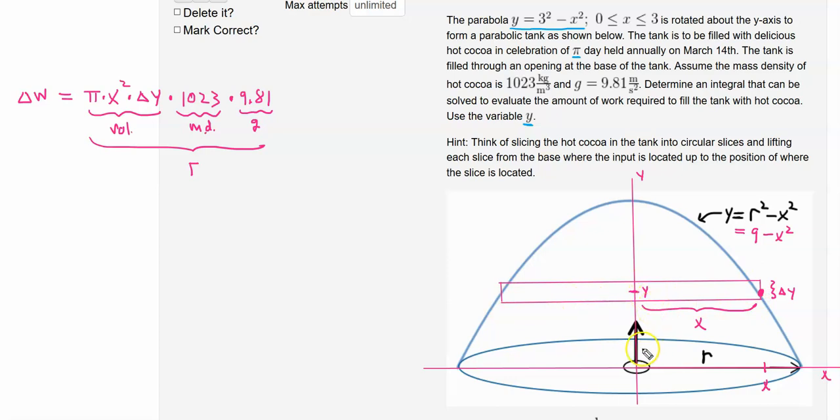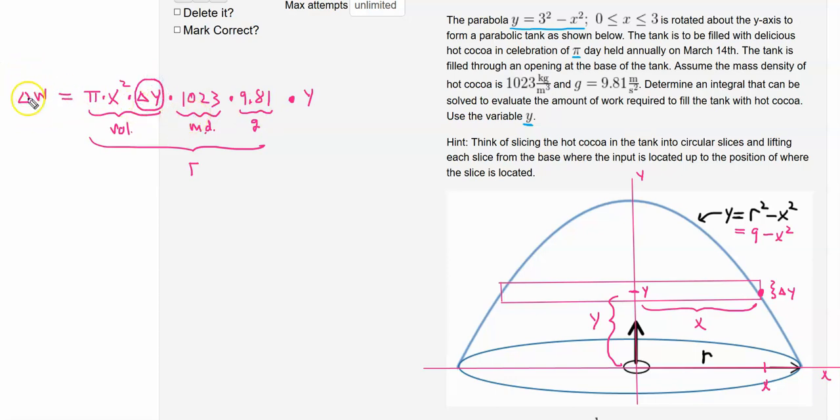All right, now the distance we have to move it, we're lifting it from the bottom, so that distance is just y. So we multiply by y. All right. And now all we need to do is integrate this with respect to the dy term right here.